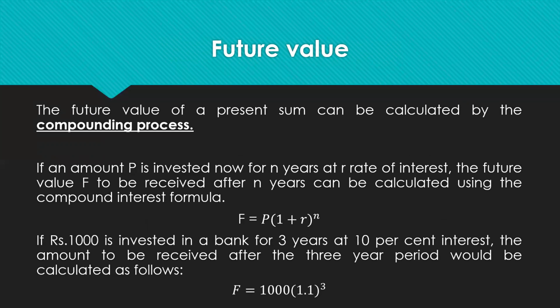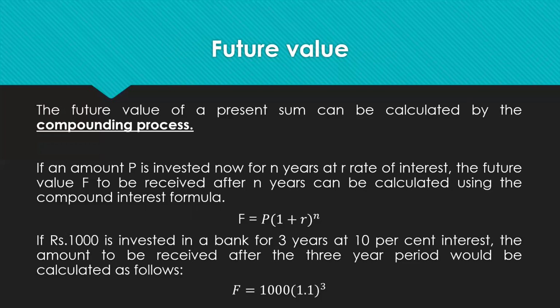So if an amount is invested now for n number of years at a rate of interest, we can denote it as R. The future value to be received after that number of years can be calculated using the compound interest formula. The formula is F, that is the future value, is equal to P, which is the principal amount that you invested, into (1 plus R) the whole raised to n. So that is the formula for calculating the future value of a present sum of money.